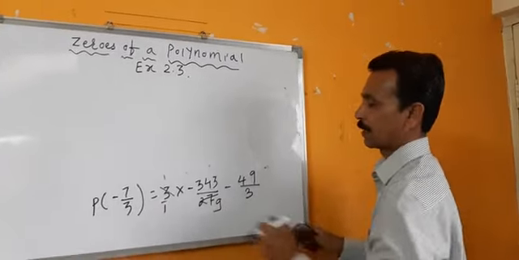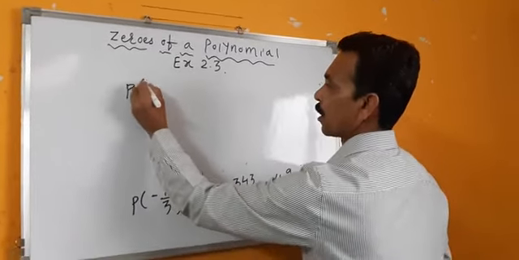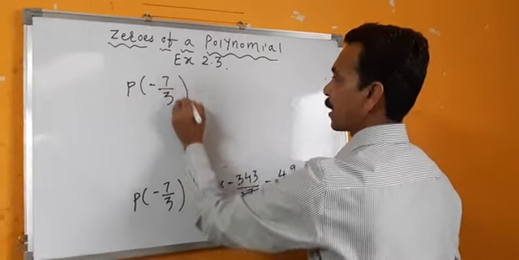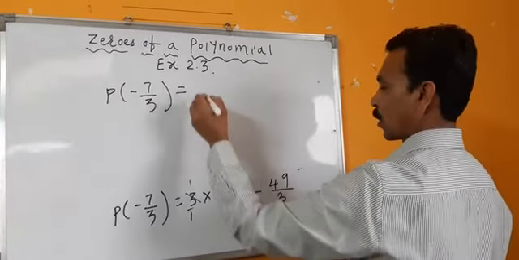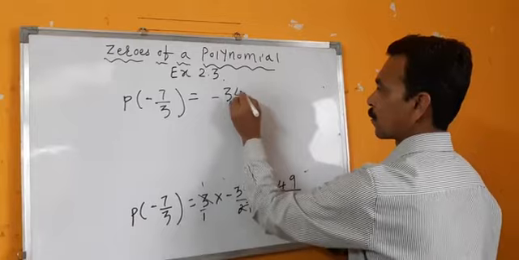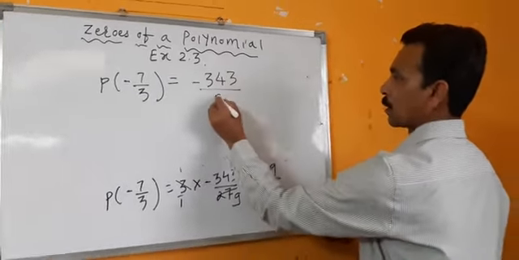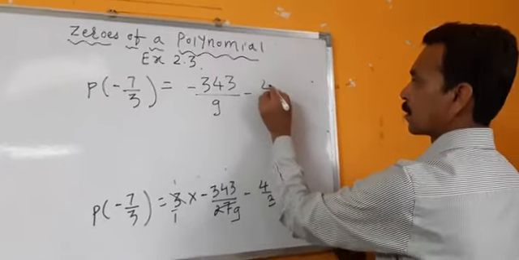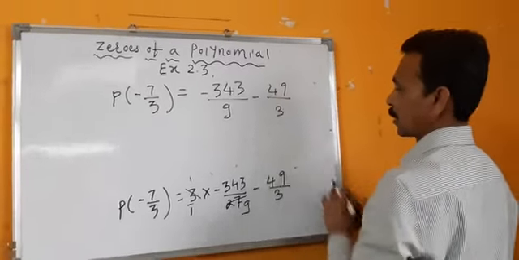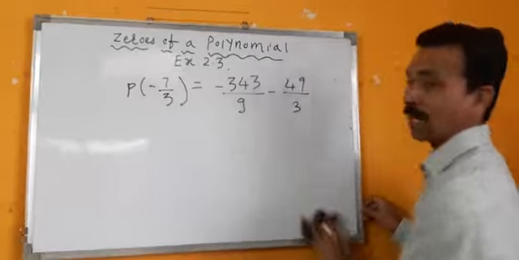P of minus 7 by 3 is equal to minus 343 upon 9 minus 49 upon 3.